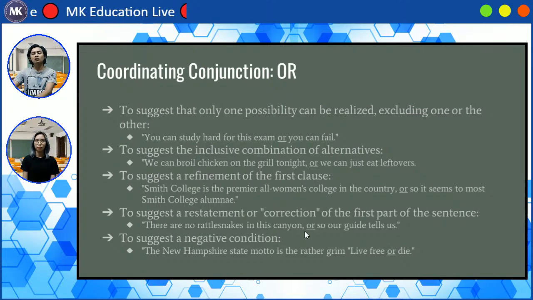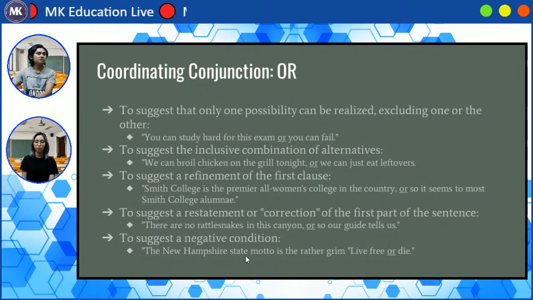It gives the reader some type of enigma or some wonder or something to think about while reading you or listening to you.